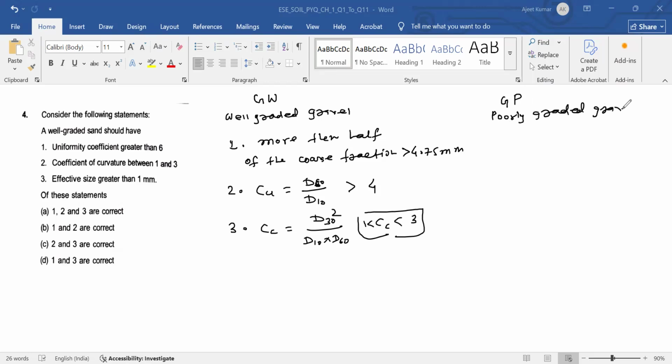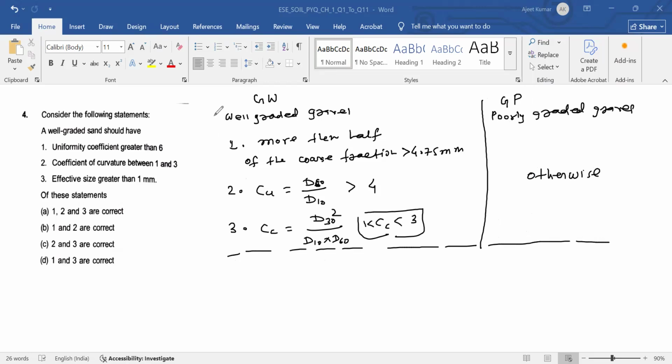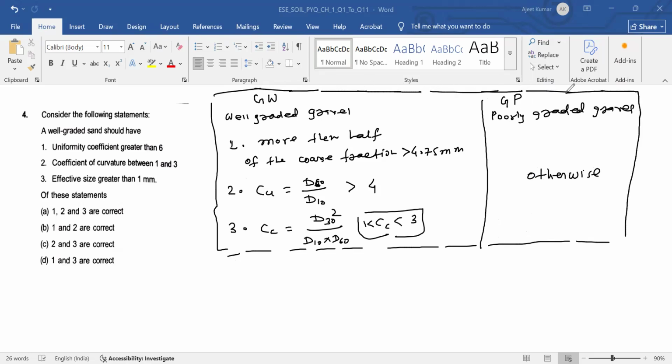Otherwise poorly graded gravel. Okay, so this is for well-graded gravel and poorly graded gravel.